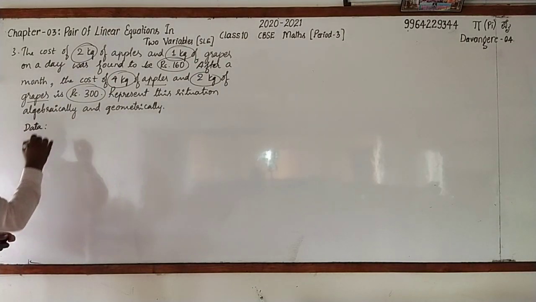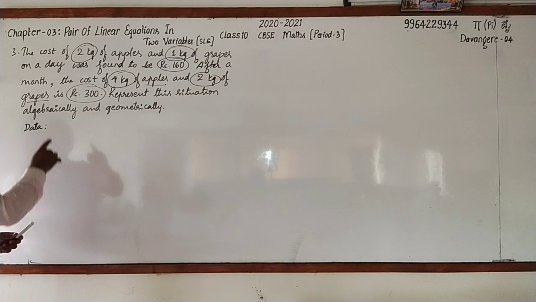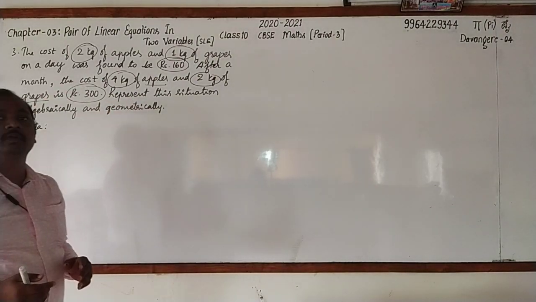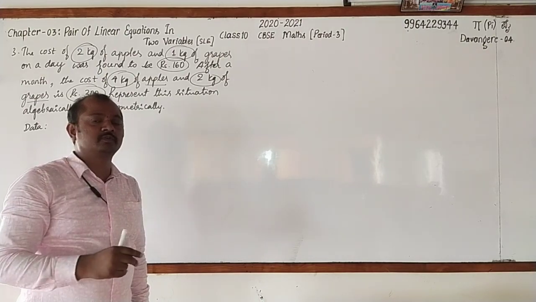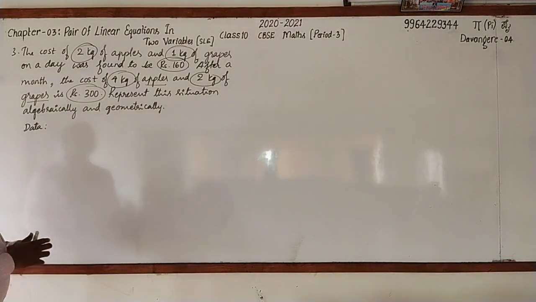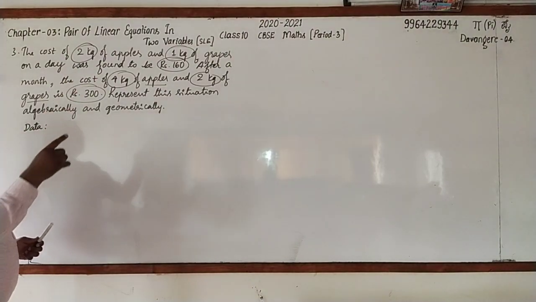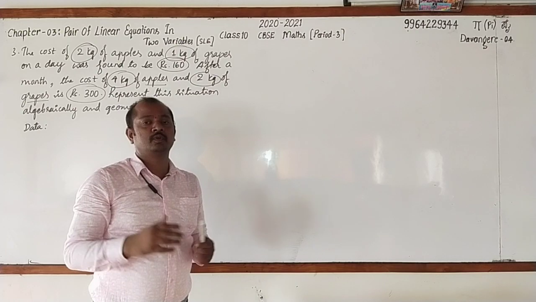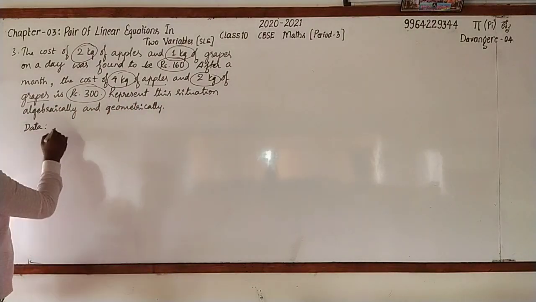First, let us form the equations. Just by going through the whole statement, you can come to know there are 2 items. What are those? One is apple, second one is grapes. But in all these cases, have they given the cost of an apple and a grape? No. Let's go for writing that.